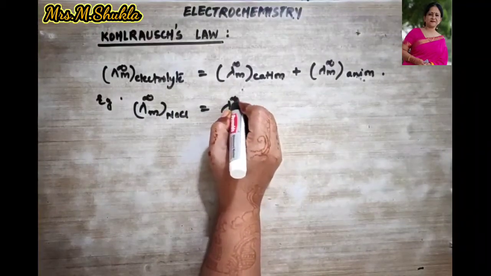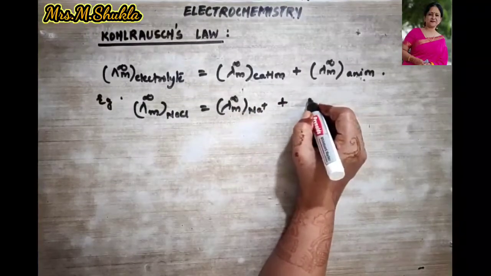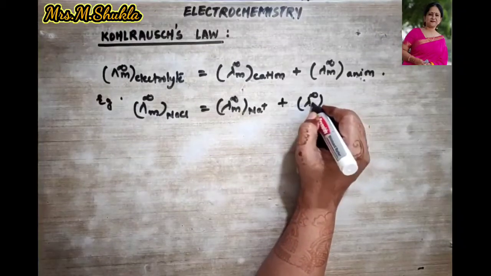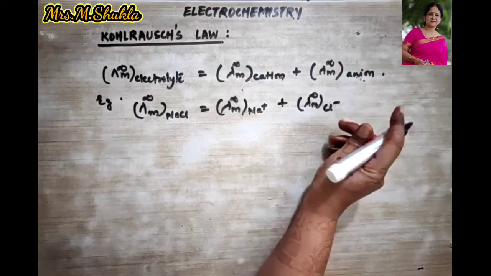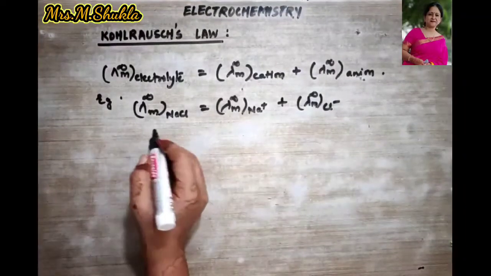So this is Na plus, that is the cation, plus the infinite molar conductivity of chloride ion at infinite dilution. Clear?